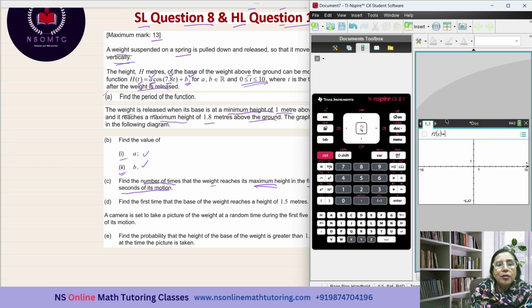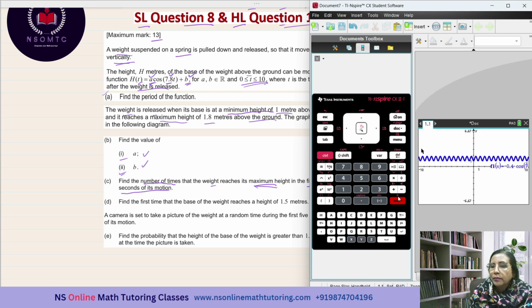And we will be using this expression of h of t. In place of e, we will be writing negative 0.4 times cos of 7.8 times, don't write t, it is x, plus b is 1.4. Okay, enter.